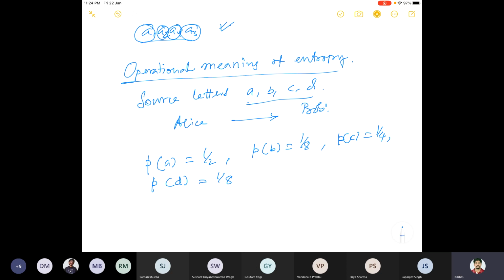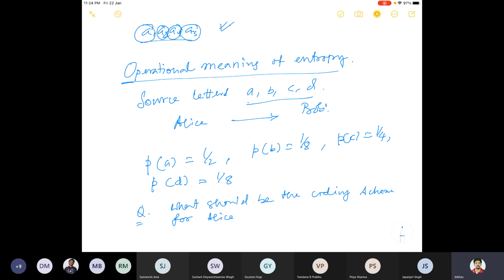So the question is, how can Alice encode the information into bits? What should be the coding scheme for Alice to transmit all these letters?